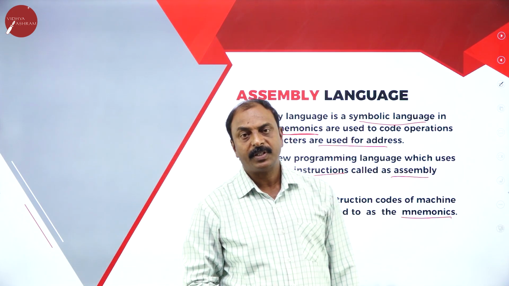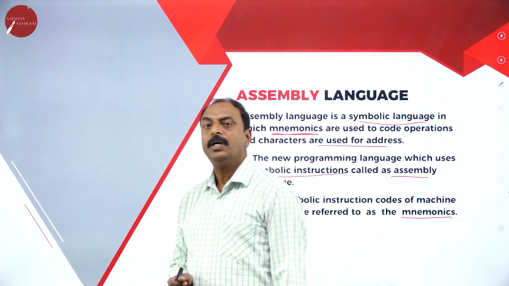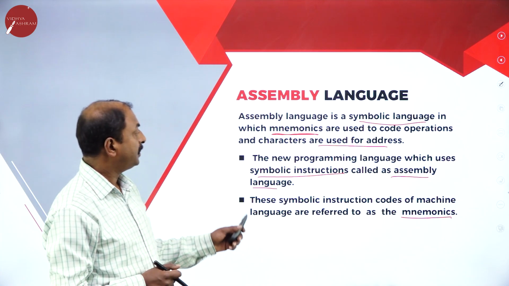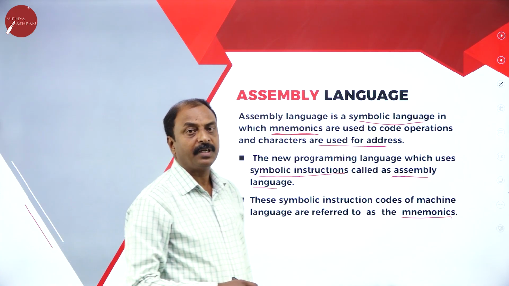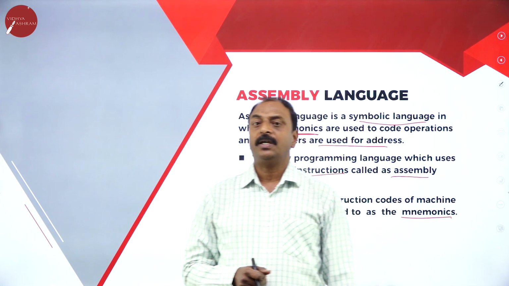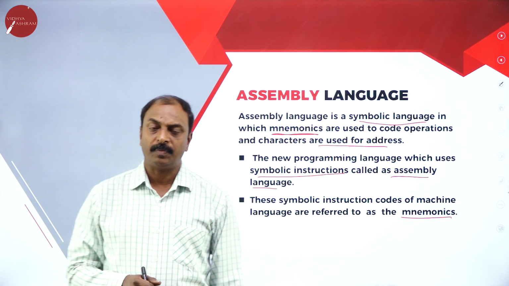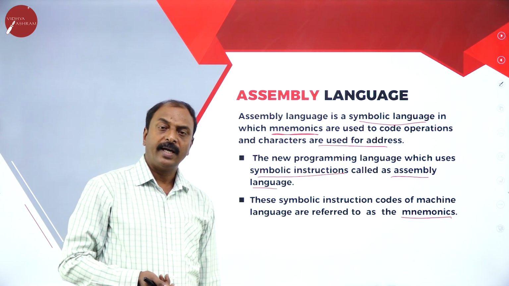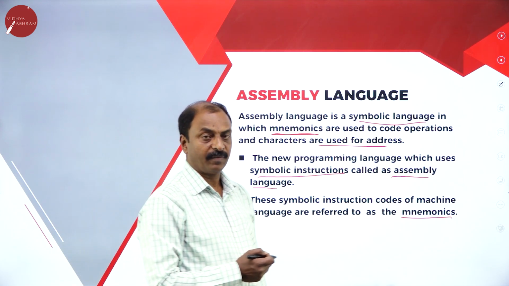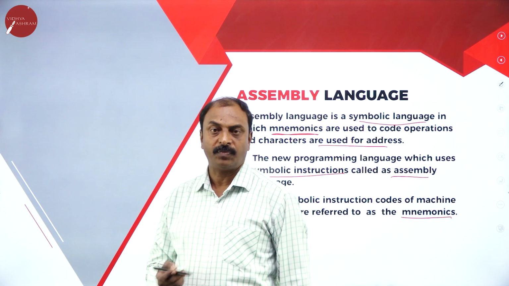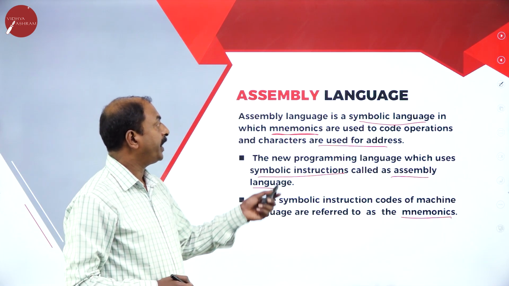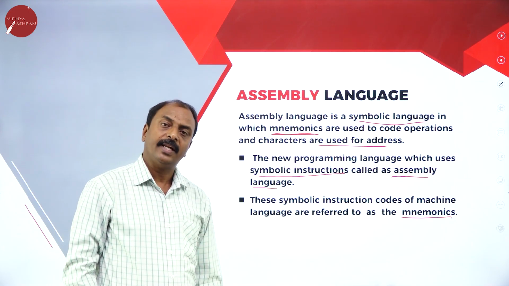It is a language of symbols called mnemonics. It is slightly better than machine level language because here the user need not remember all the codes as he used to do with machine level language. Machine level language is only a combination of zeros and ones, so that is avoided in assembly level language.